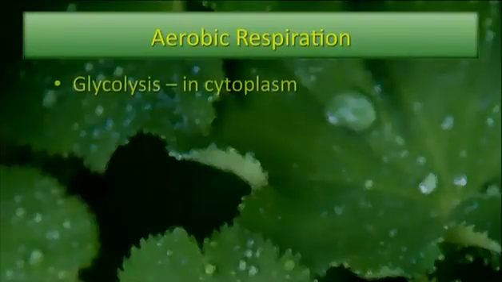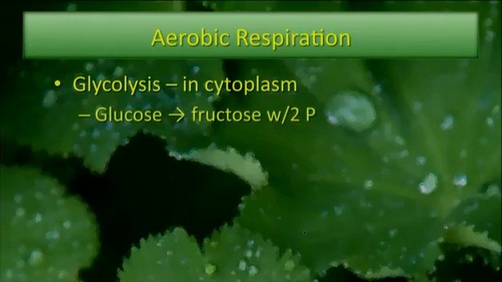So glycolysis happens in the cytoplasm. The first part needs no oxygen, and there are 3 main steps, or several smaller steps, each controlled by enzymes. First of all, glucose is converted to fructose with 2 phosphates.